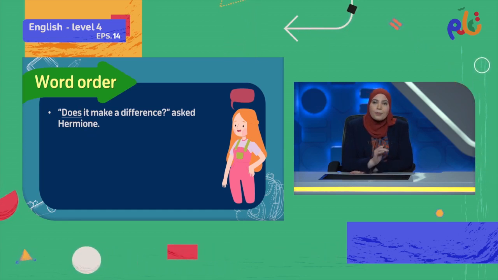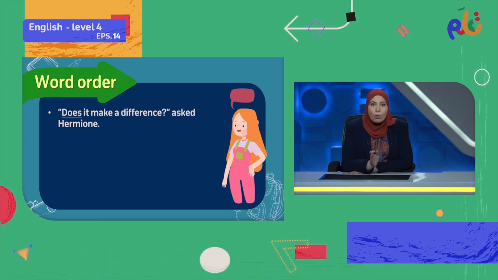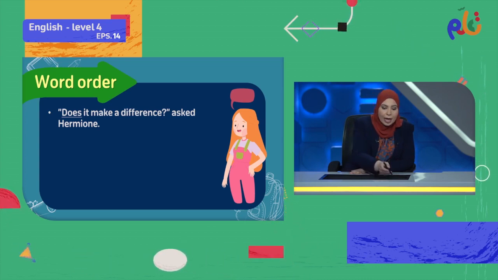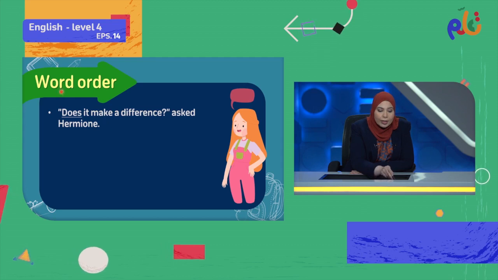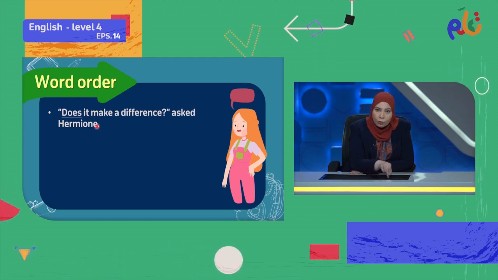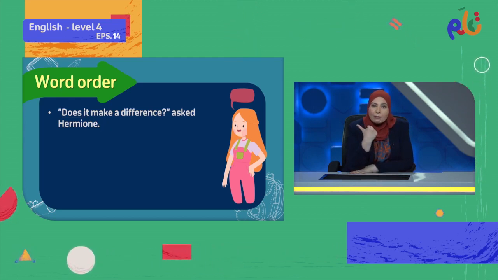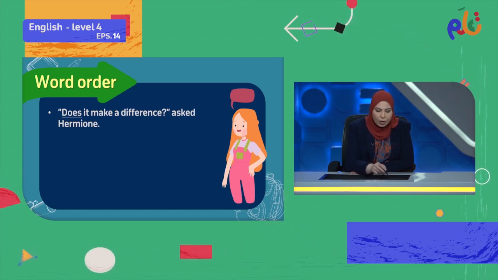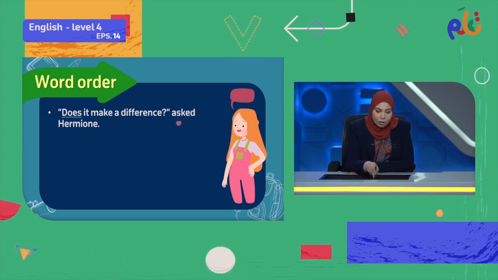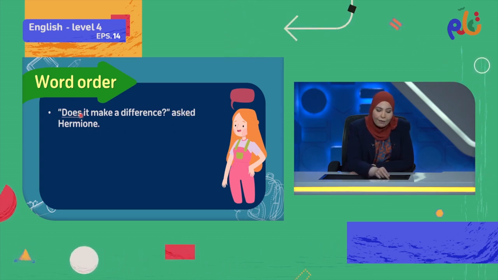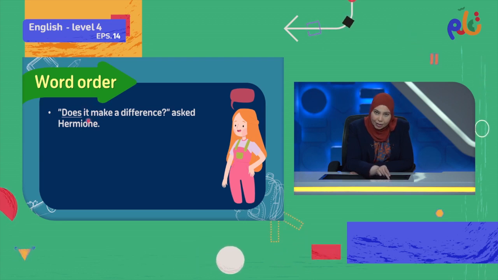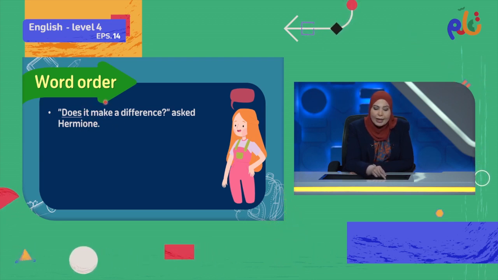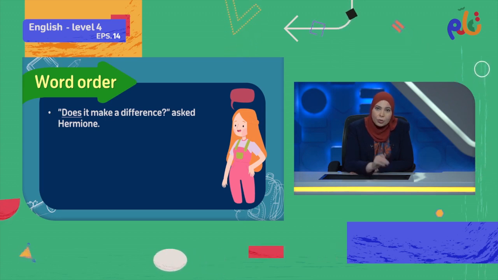So Hermione wanted to know or asked, and then first of all, this does will be removed and it will be replaced by if or whether. Hermione wanted to know if it, the subject, and then if we have make here, we put it to the past.